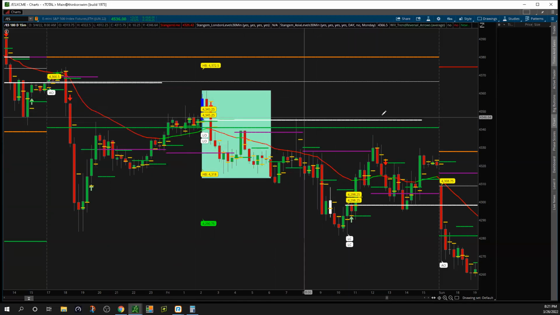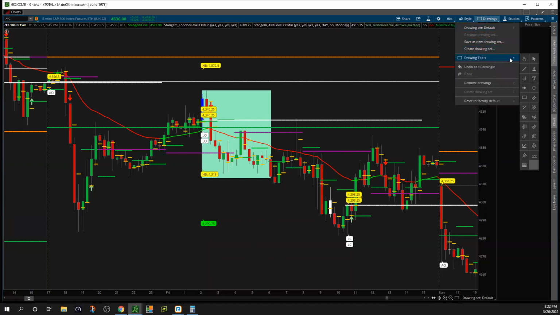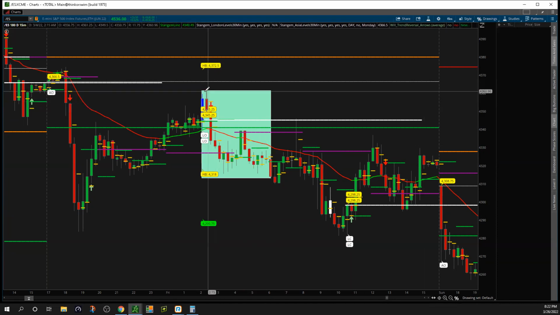London Open. Stangem line's red. That's what we're looking for first. Stangem line red. London Open second. Where's price? Price above, price below. Coming into 6 a.m. Draw the fib, because that's what we do. We wash, rinse, repeat.